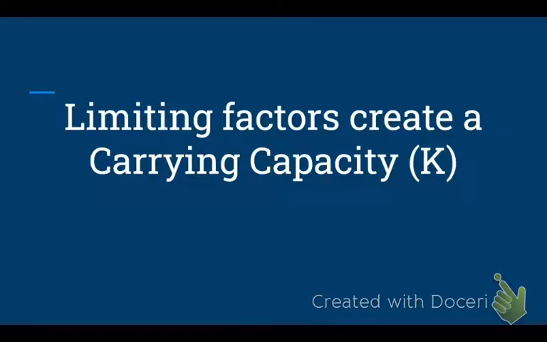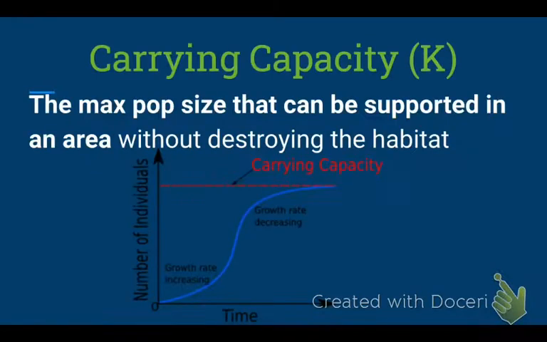Carrying capacity here is represented by a capital K. And you'll end up seeing that in graphs. So limiting factors, those things we talked about, determine or create that carrying capacity, that max amount that's allowed. The carrying capacity is the max population size that can be supported in an area without destroying that habitat.